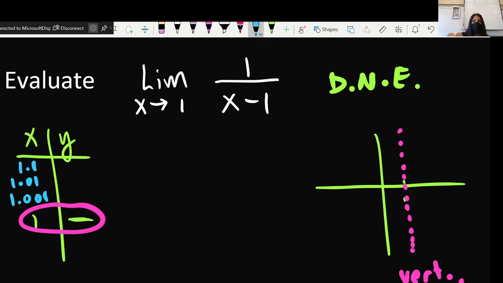When I plug these in, for the first one we would get a y value of 10, then 100, and then the next one would be 1,000. The only reason I'm doing this is because I want to see the pattern or trend of what is happening. That tells me that when I go to the right of my asymptote, because these are values larger than my asymptote, I actually probably should have done them below, which would have made more sense, but that's okay.